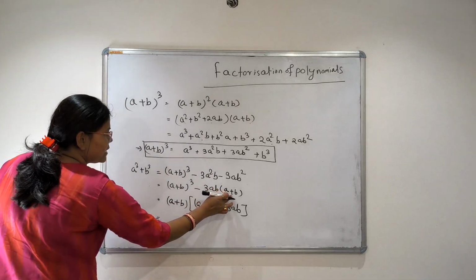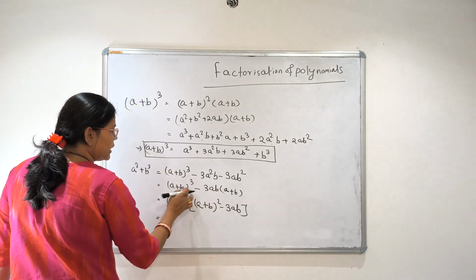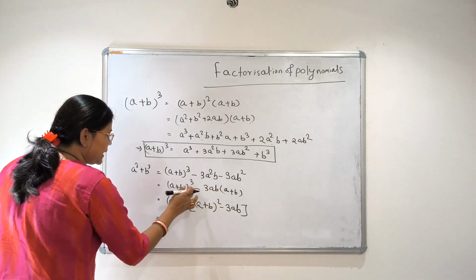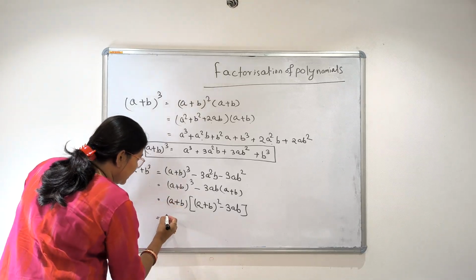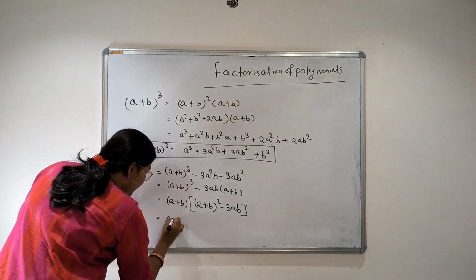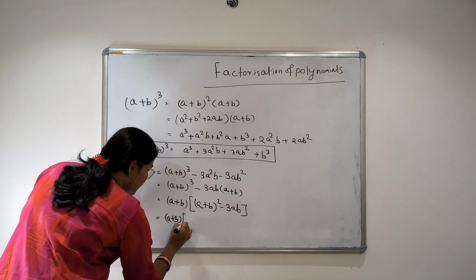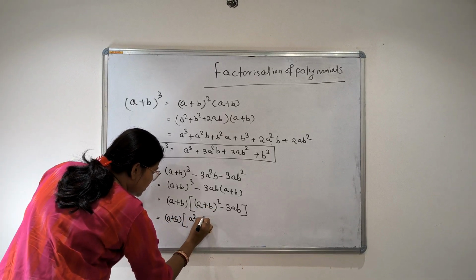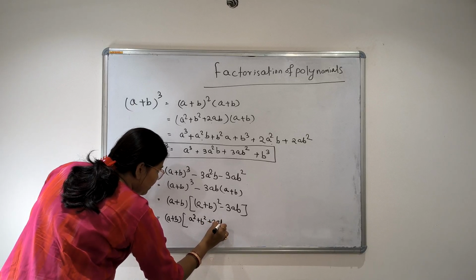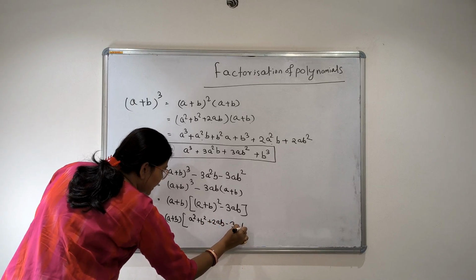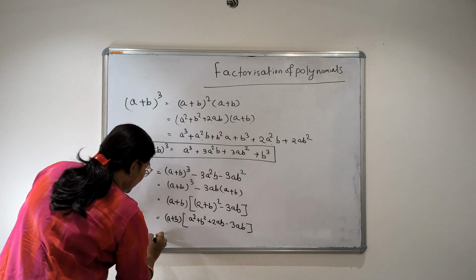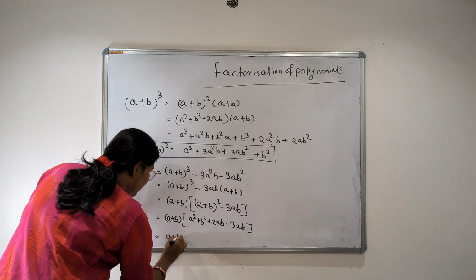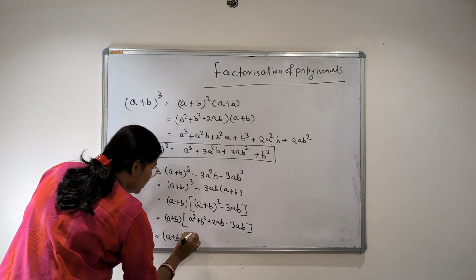From these two, a plus b is a common factor in both cases. So we can take a plus b common. Now a plus b whole square, the formula is a square plus b square plus 2ab, minus 3ab, is equal to a plus b into how much?